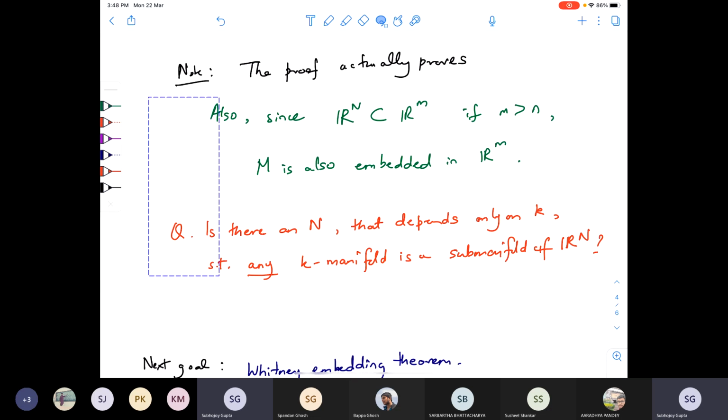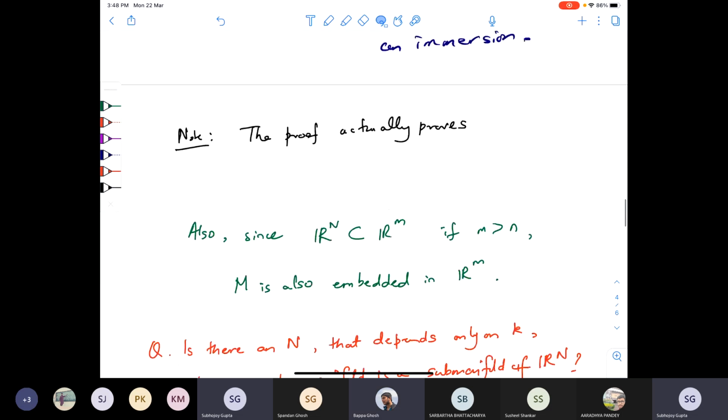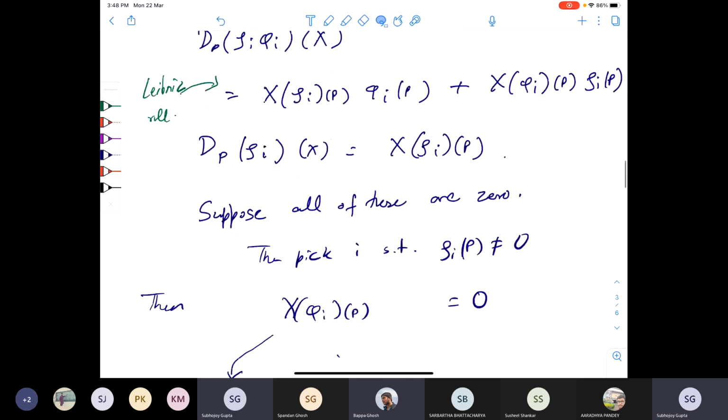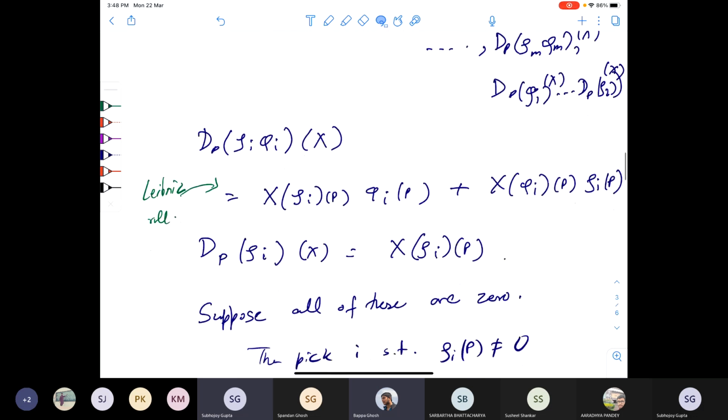By the way, before that, I also wanted to note this. Can you go back to the proof? Yes. So here you have x of phi I of p, and what does this mean? We have seen d phi I of x, d phi at p of x.